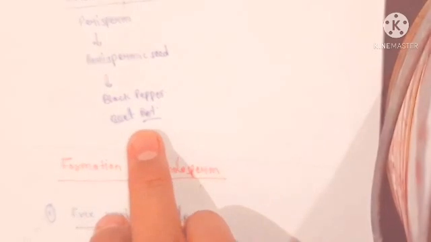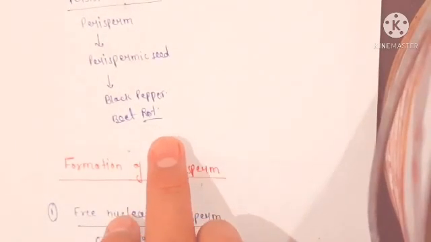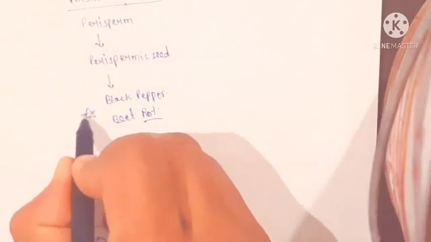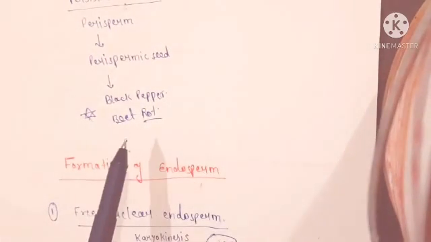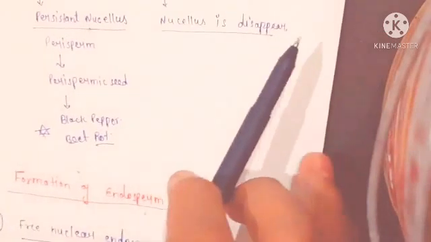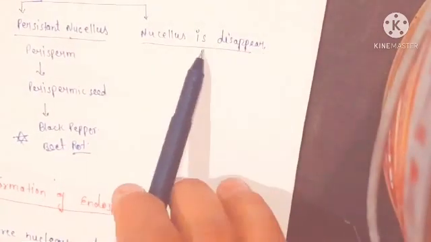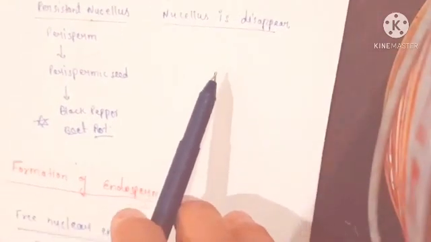For example, black pepper and beetroot are examples, very important. These examples are very important. In the second type, nucellus disappears, meaning there is absence of nucellus.